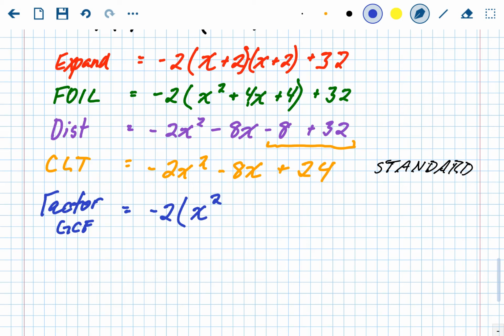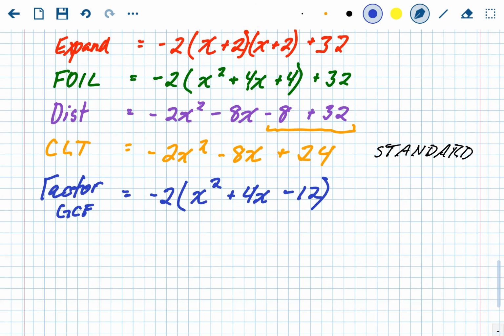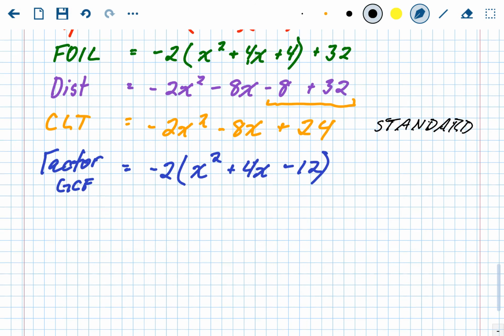So x squared plus 4x minus 12. And then finally factor product sum, because there's now a 1 in front of x squared.